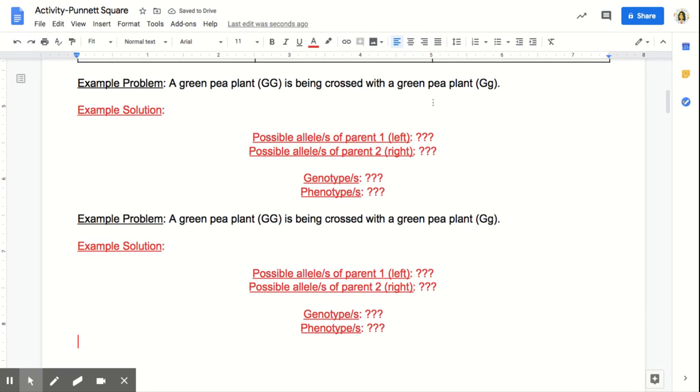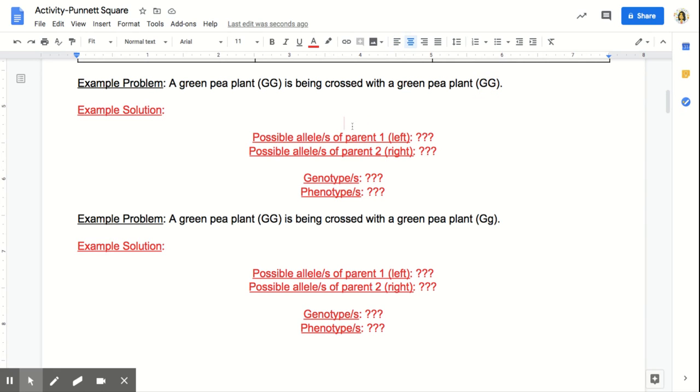All right. So first, let's have a pairing of two homozygous dominant. So a green pea plant, this is the genotype, this is the phenotype, is being crossed with another green pea plant, which is also homozygous dominant.